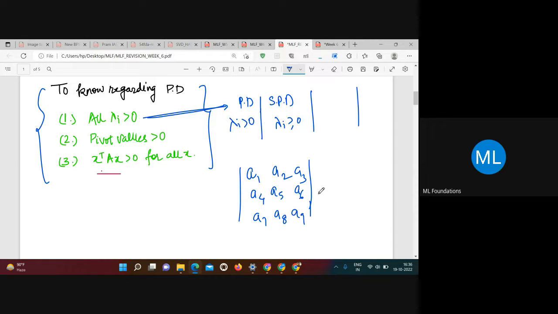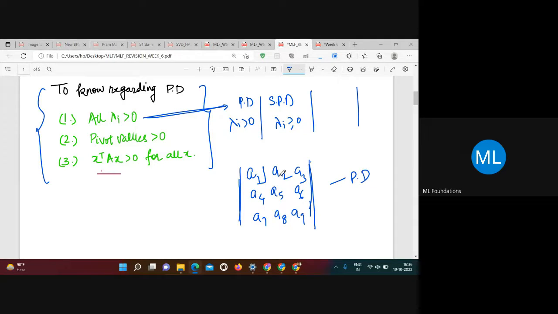Imagine this as a symmetric matrix where A2 is equal to A4 and A3 is equal to whatever the condition we get from here. If you are able to calculate the leading determinants, and all of them are positive, you can directly say it's positive definite.